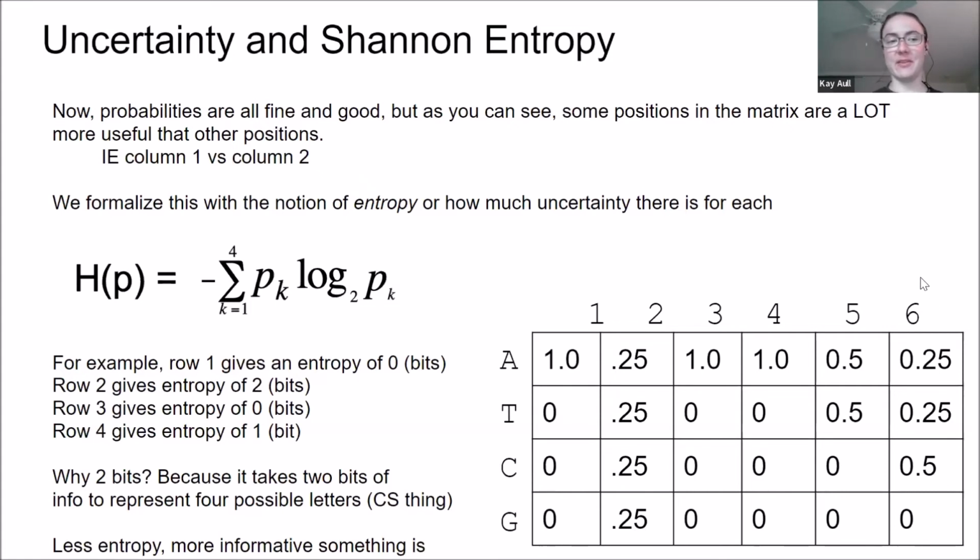You would end up with an entropy of 1.5, because each of these positions would contribute 0.5 to your entropy.